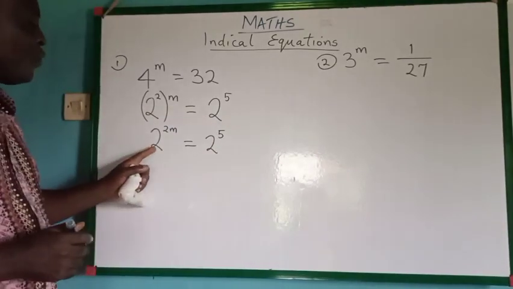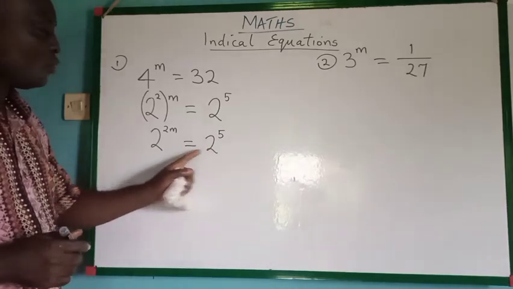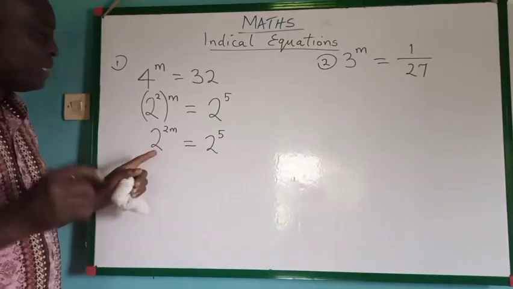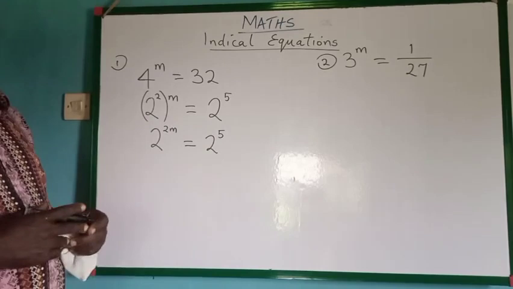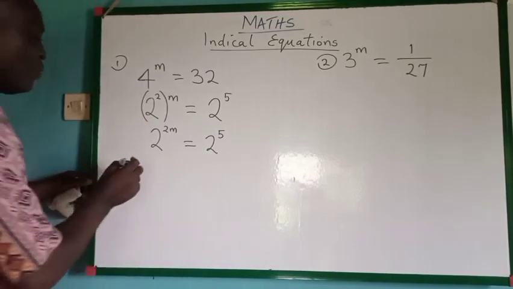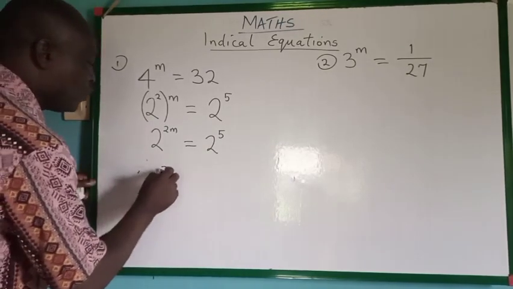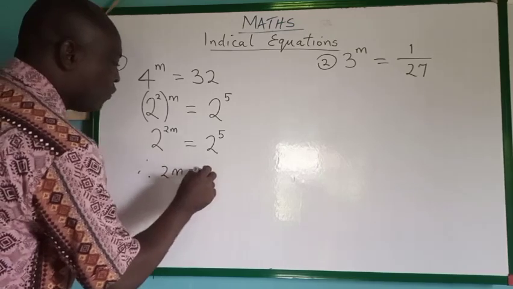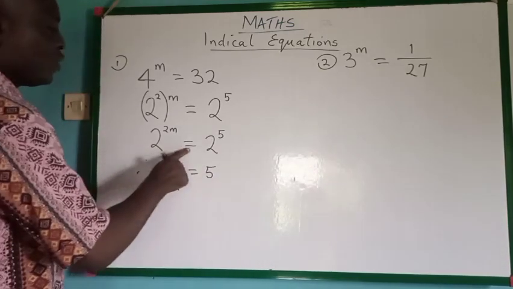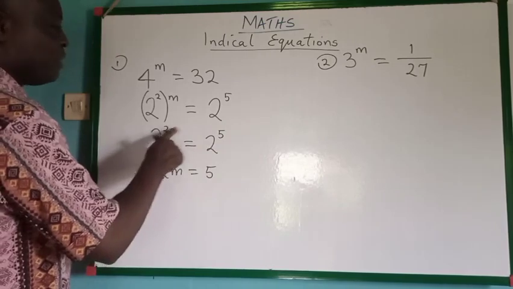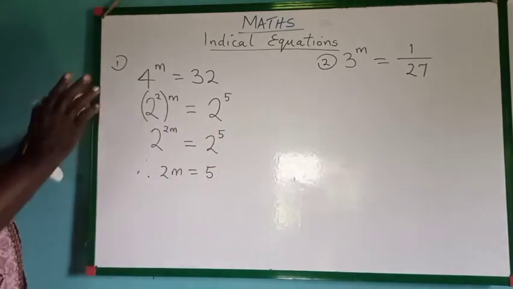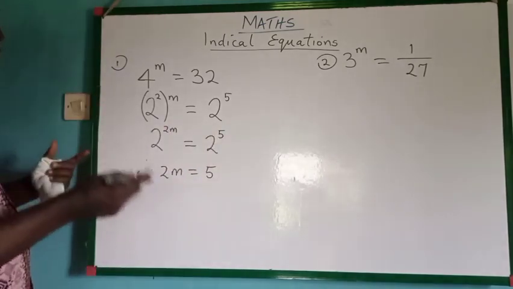So if we are having the same foundation number 2 on both sides, it means that their powers are also equal. So in this case, we say therefore 2n is equal to 5. That is what we are saying from the law.